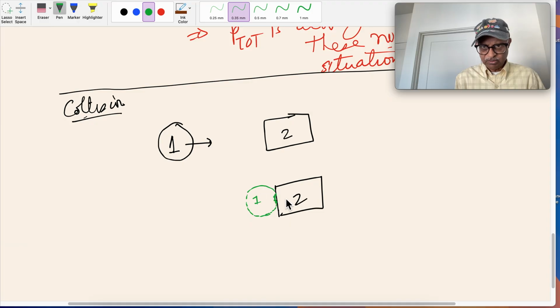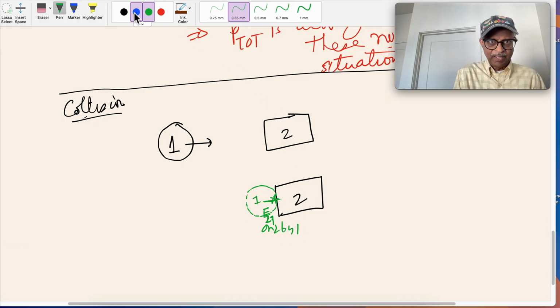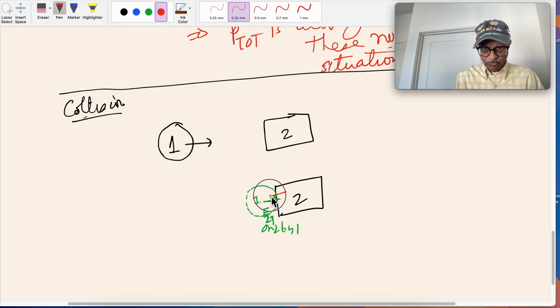Just when it touches, it presses, and this is an internal force. So 1 will apply a force F21 on 2, and you should have exactly the opposite force on 1 by 2, F12, and these are internal forces.